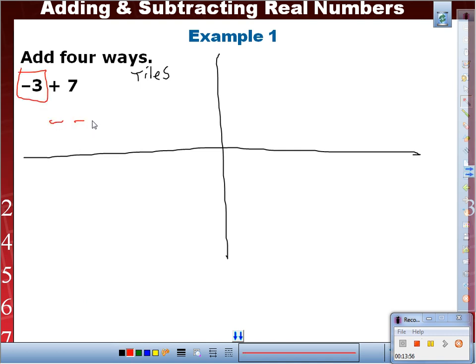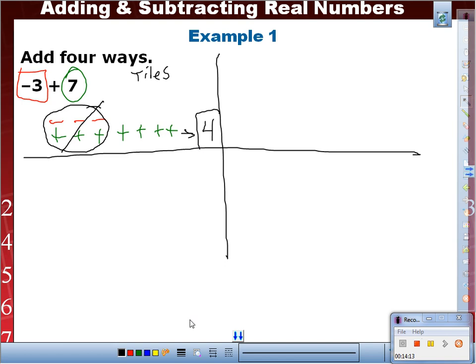Negative 3, so I do 1, 2, 3. What's my second number? 7. 1, 2, 3, 4, 5, 6, 7. I do the additive inverse here, and then I have the additive property of addition, and this is what? Positive 4. Everybody clear on that one, yes?